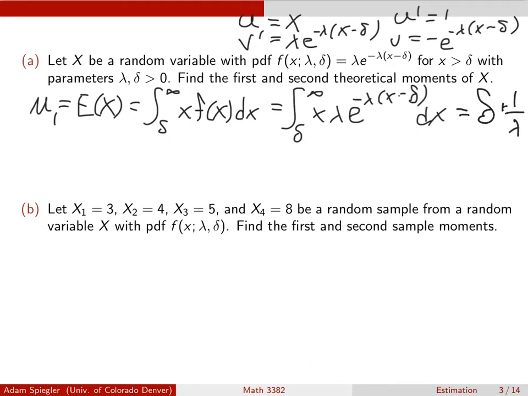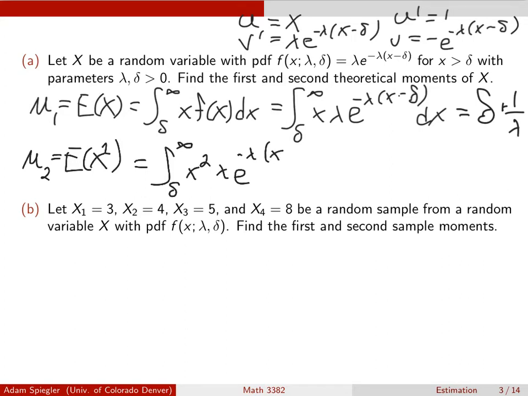And then I'm looking for the second theoretical moment, we'll call this mu sub 2. Well, that would be the expected value of x squared. So again, we would integrate from delta up to infinity. And now we're going to integrate x squared times f of x. And our f of x is still the same. It's the lambda e to the minus lambda (x minus delta).